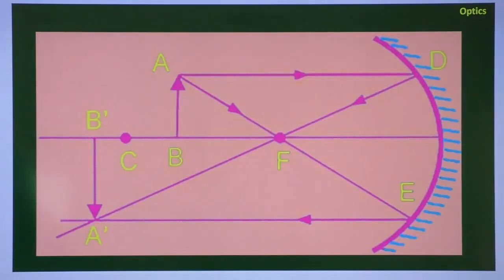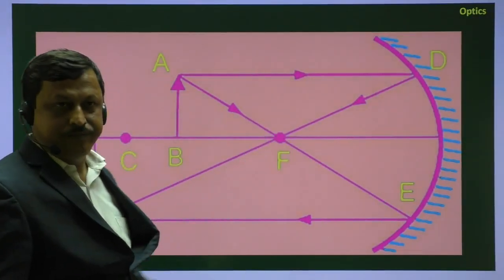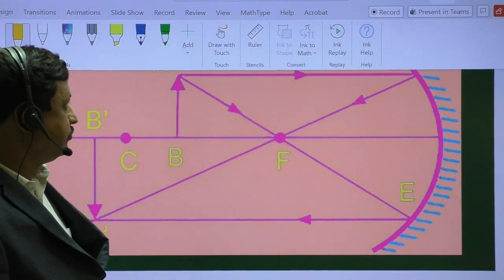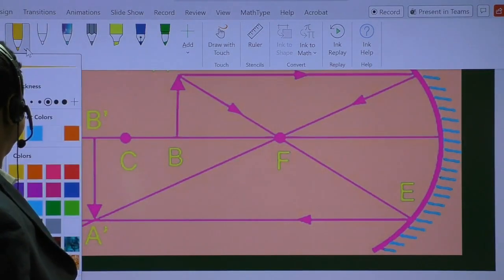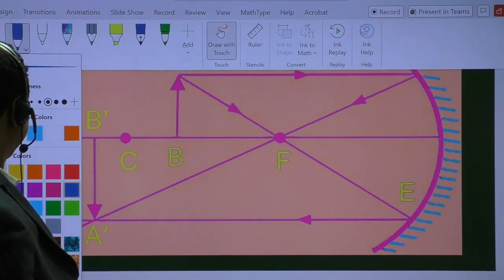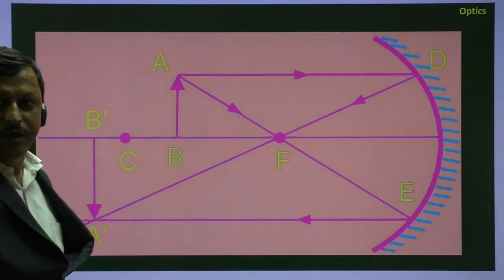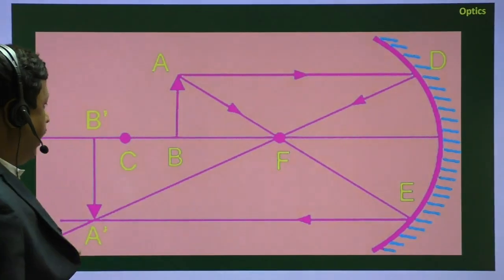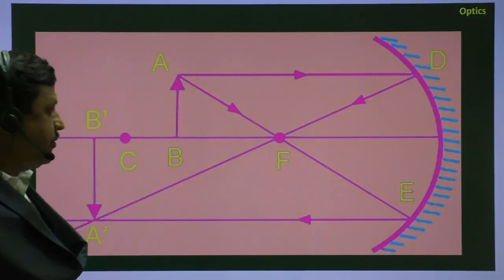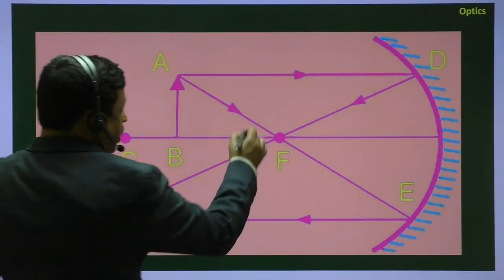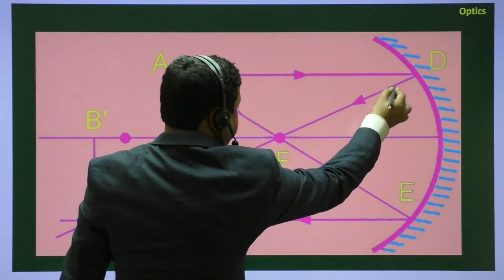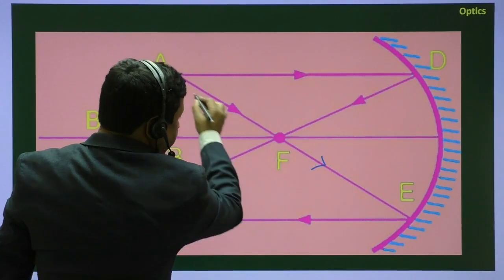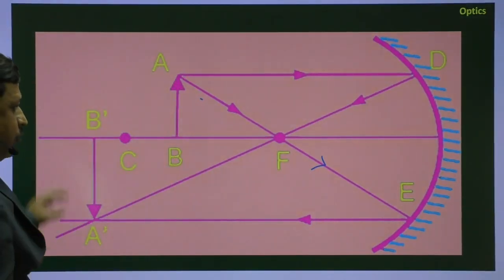Next, if the object moves towards the mirror and is placed in between the center of curvature and the focus point, if we draw a parallel beam of light, it will move after reflection through the focus point, and another ray coming from the focus point will move parallel to the principal axis.